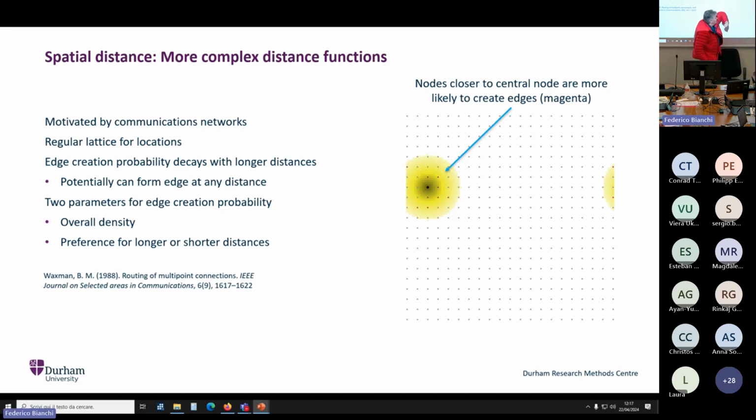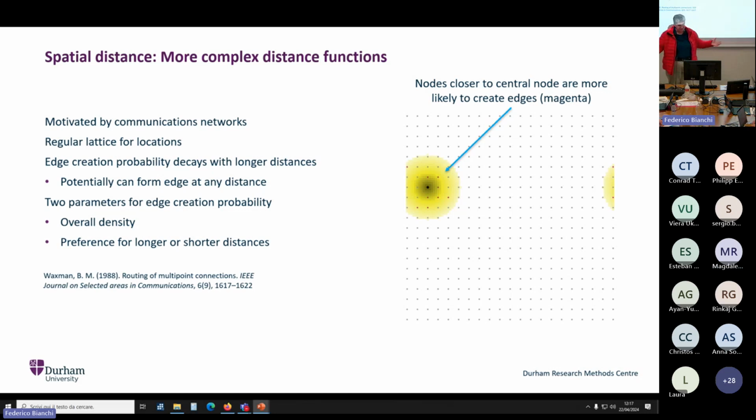This particular node is looking at the distance, constructing probabilistic distance functions, and you can see that some edges are created close in, and a few edges are created a bit further out. The magenta dots are the ones that it will create an edge with.